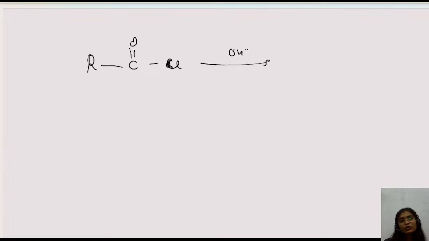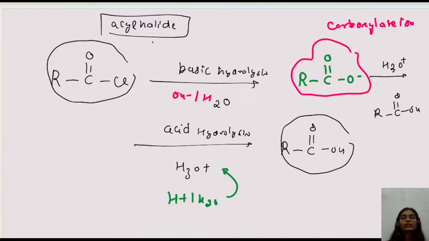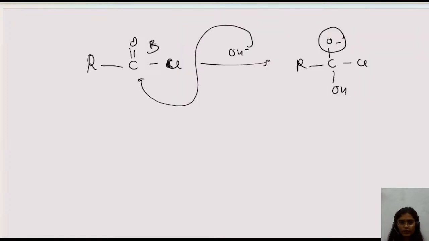And in this case, I'm using O negative. So this is behaving like a nucleophile, and we are getting our CO and then Cl and then OH is there, right? Simply this is how it is. And in this case, O negative is generated here. So be noted that in case of basic conditions, carboxylate is formed.